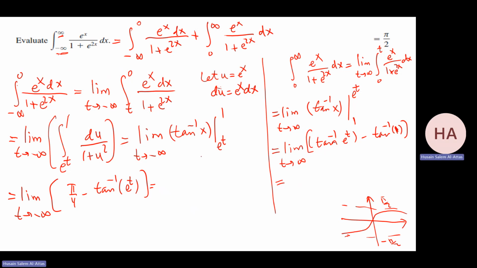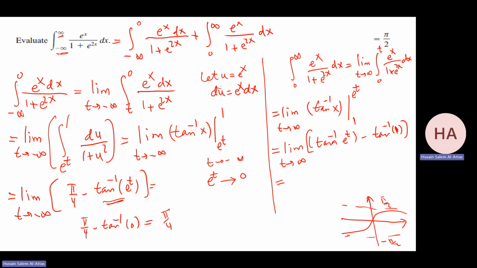Now, as t goes to minus infinity, e to the power t goes to 0. So actually I need tan inverse of 0 here. That will be pi over 4 minus tan inverse of 0. And what is tan inverse of 0? 0, so that will be pi over 4.